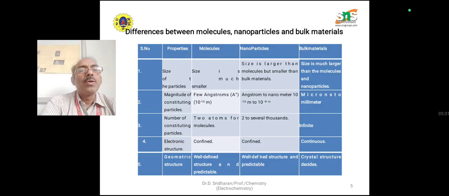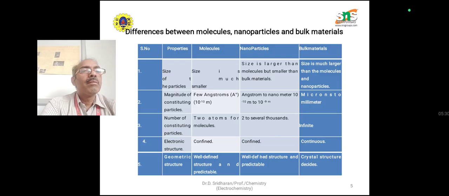Then the magnitude of considering particles: a few angstrom in molecule, 10 to the power of minus 10 to 10 to the power of minus 12, picometer, and nanoparticles like angstrom to nanometer, 10 to the power of minus 10 towards 10 to the power of minus 9.